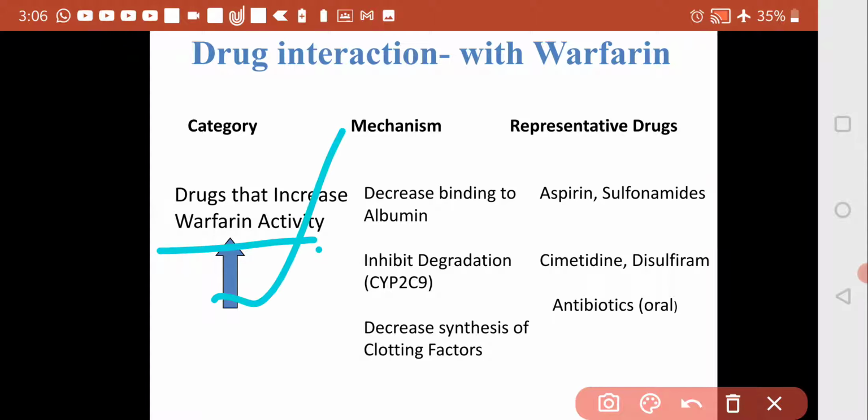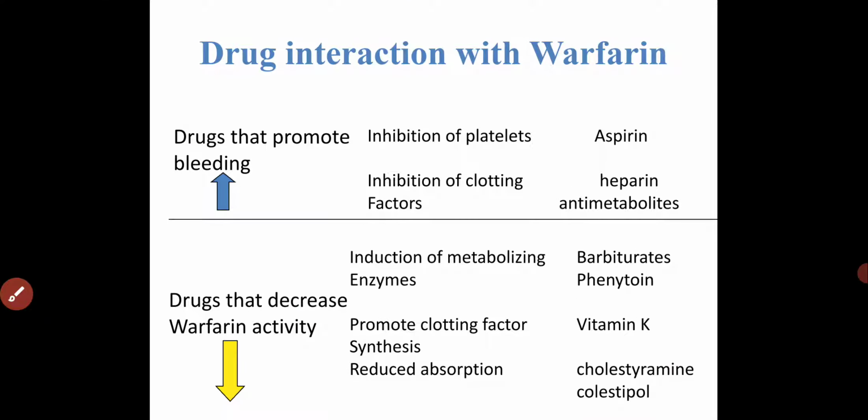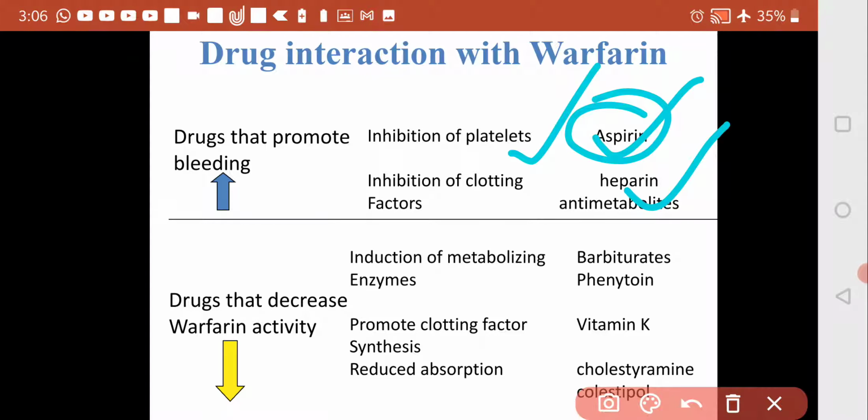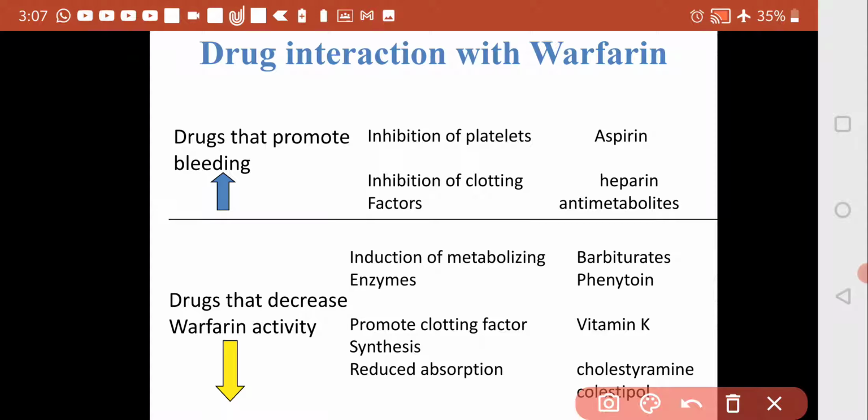So there is more warfarin free in the plasma, and it gives toxicity. Again, drugs that promote bleeding, like aspirin or heparin: if we give aspirin with warfarin or heparin with warfarin, there are more chances of bleeding.